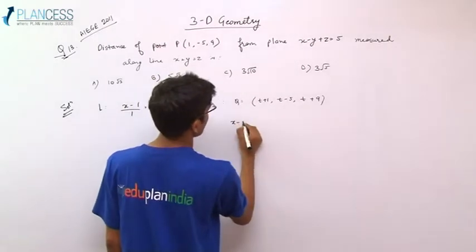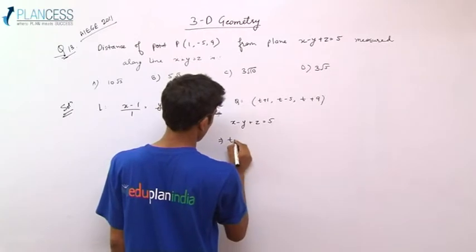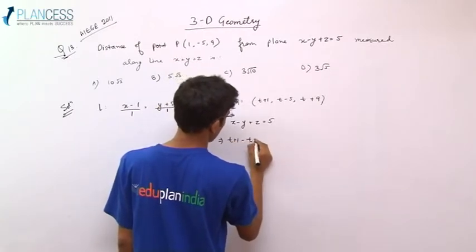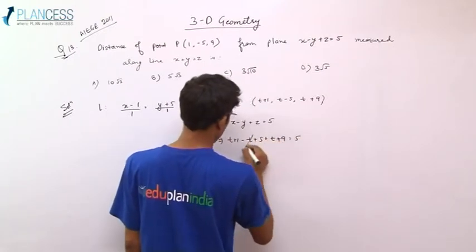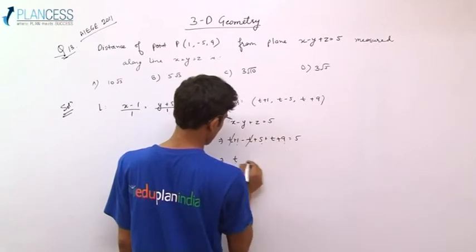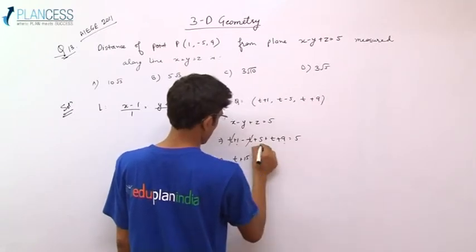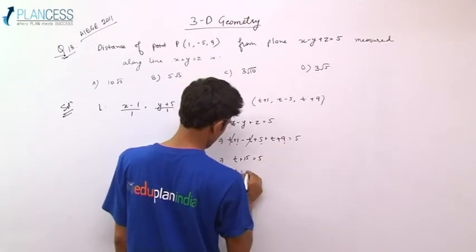So x minus y plus z equals 5. x is t plus 1, minus (t minus 5), plus t plus 9 equals 5. The t's cancel. So 1 and 5 is 6, and 9 and 6 is 15. 15 equals 5. So t is equal to minus 10.